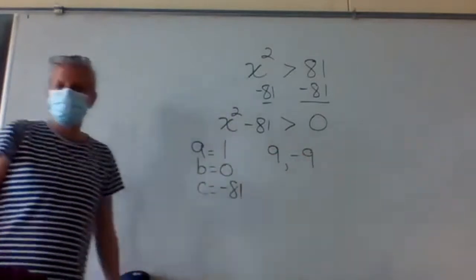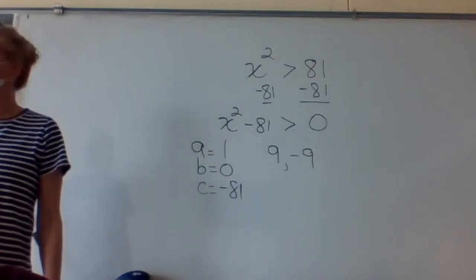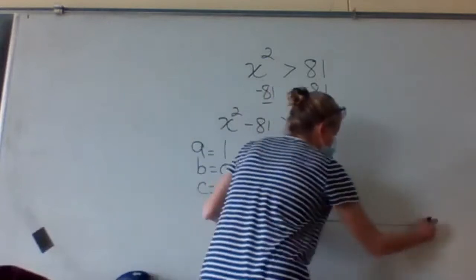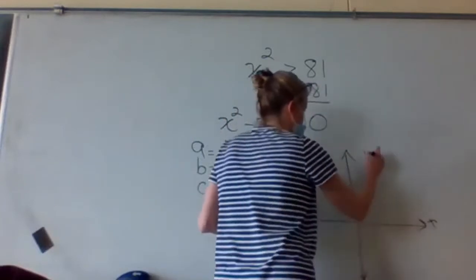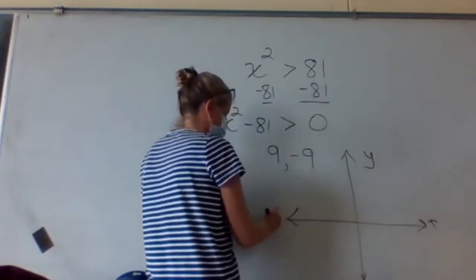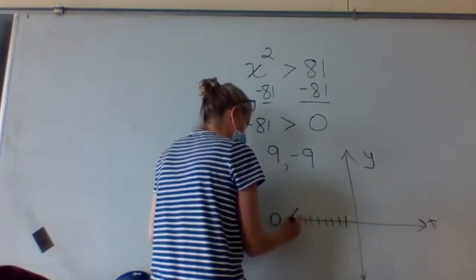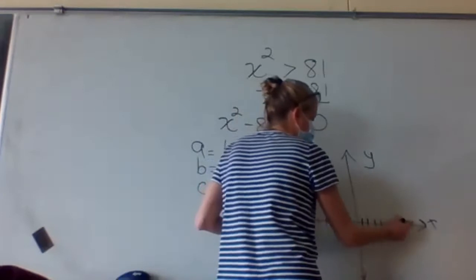9 and negative 9. So 1, 2, 3, 4, 5, 6, 7, 8, 9. So there's the negative 9. 1, 2, 3, 4, 5, 6, 7, 8, 9.